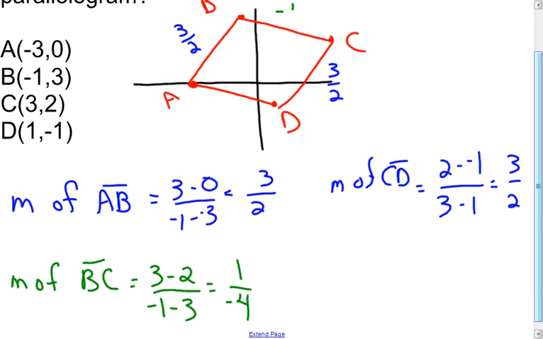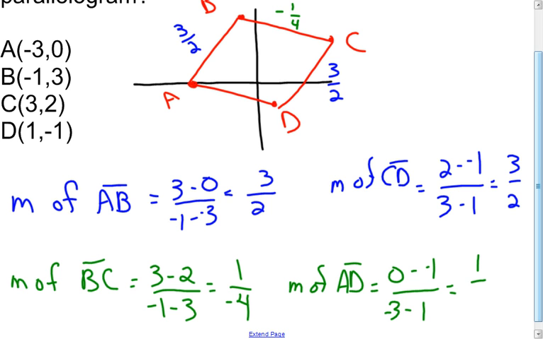So this one has a slope of -1/4. And then I also have to find the slope of segment AD. Subtract my y values. 0 minus -1 over -3 minus 1. I end up with 1 over -4. So I have a slope of -1/4 here.